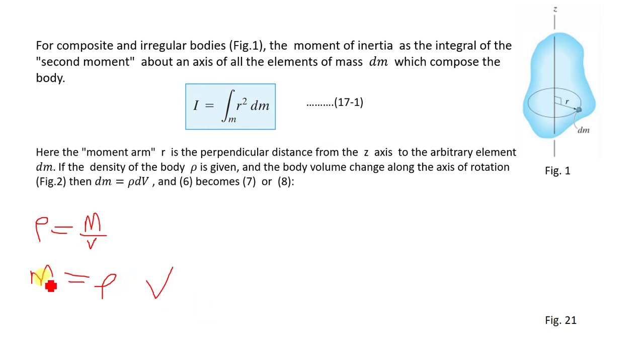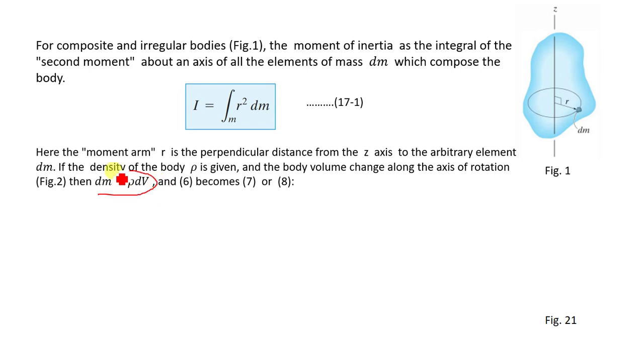And then if this volume is changing, the mass will also be changing. Hence we have dm is equal to rho dv. So this is what they are trying to talk about there.